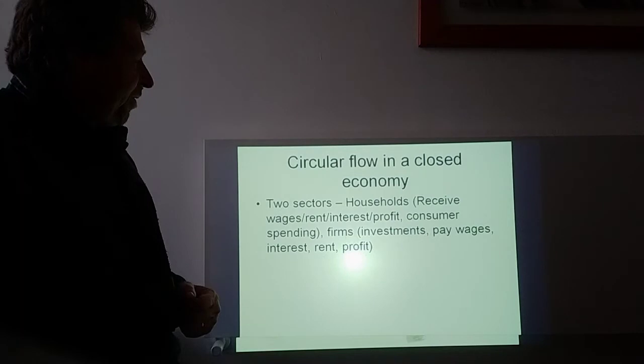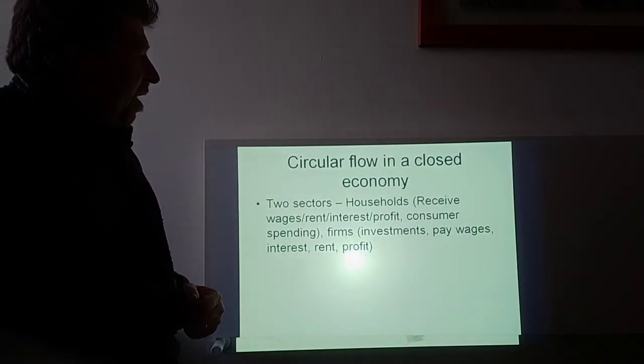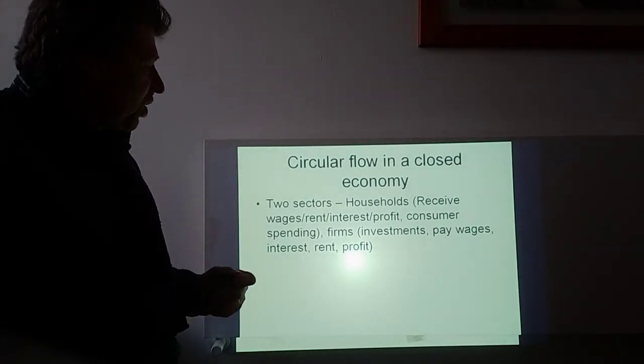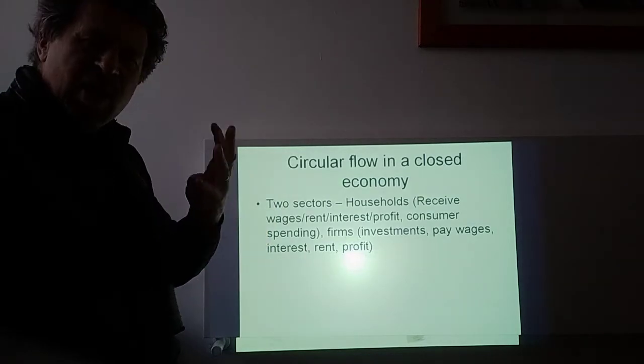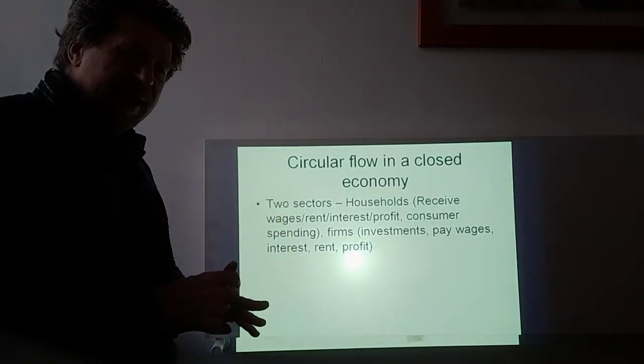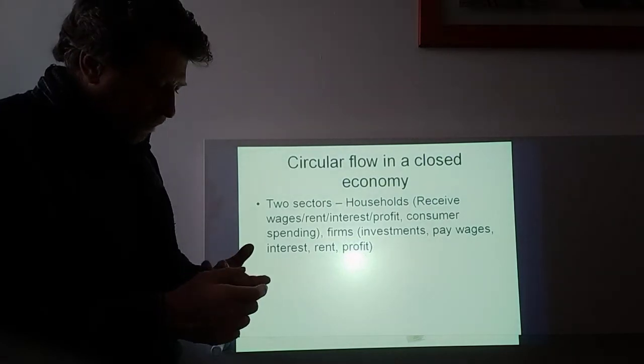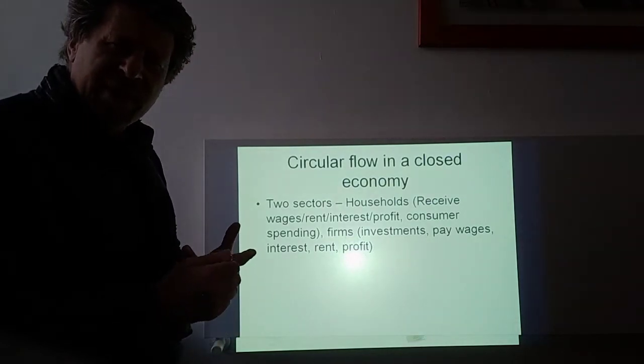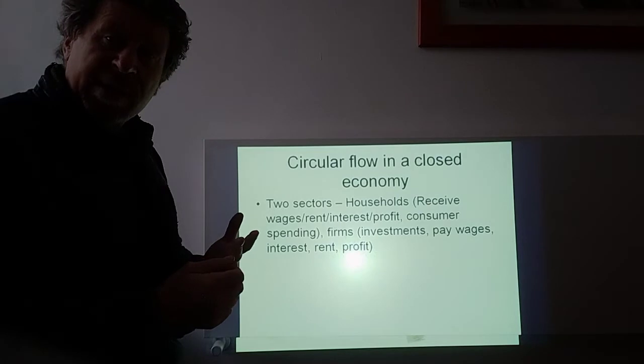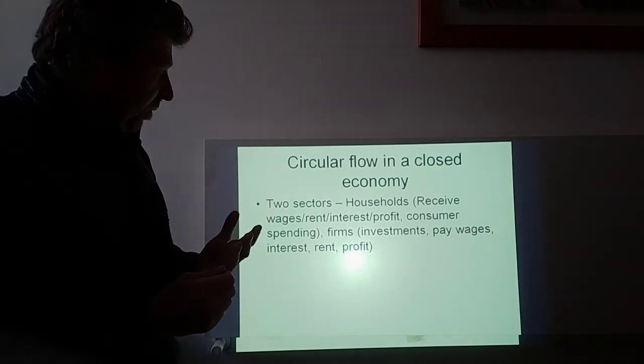our standard of living. Now, in a closed economy, we just consider two sectors. We know there's four sectors in the economy. You've got four protagonists: the households, the firms, the government, and the rest of the world.